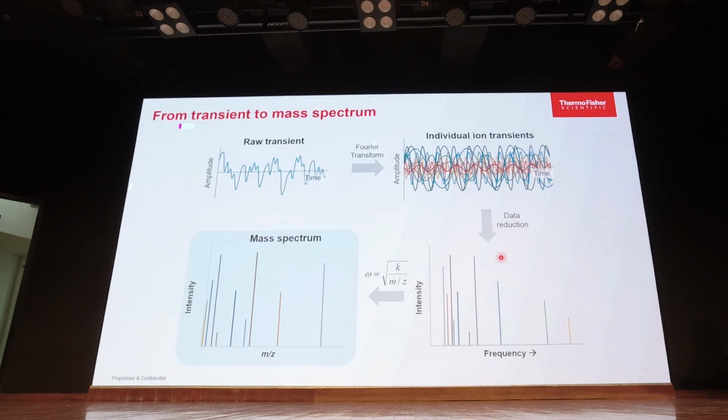This frequency is related to the square root of k by m/z. We know the frequency, and k is the electric field constant. What is not known is m/z. So we know both of these, and we can measure this frequency very accurately. This is the image current detection.